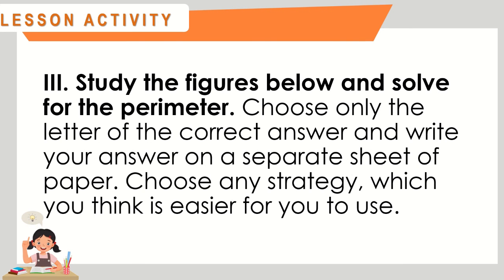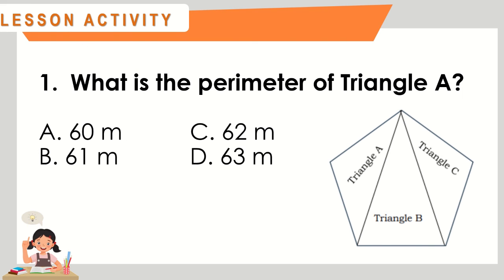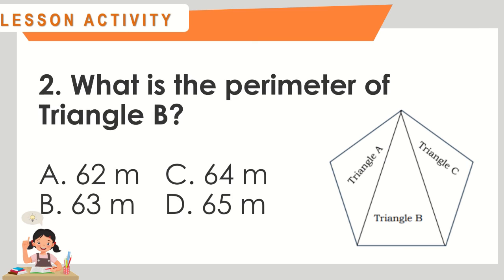Study the figures below and solve for the perimeter. Choose only the letter of the correct answer and write your answer on a separate sheet of paper. Choose any strategy which you think is easier for you to use. What is the perimeter of triangle A? What is the perimeter of triangle B?